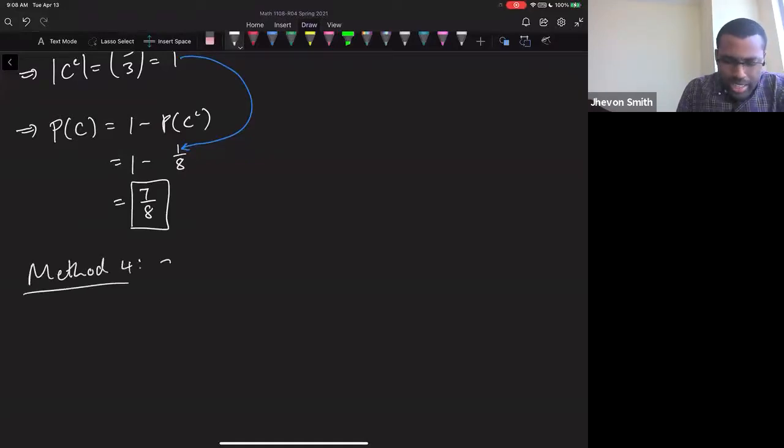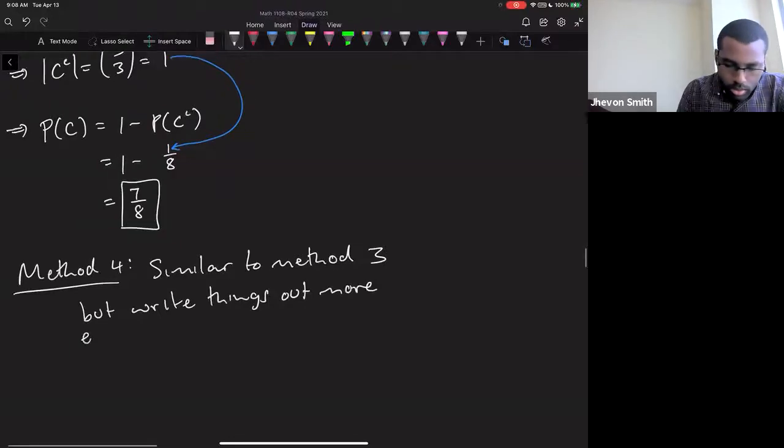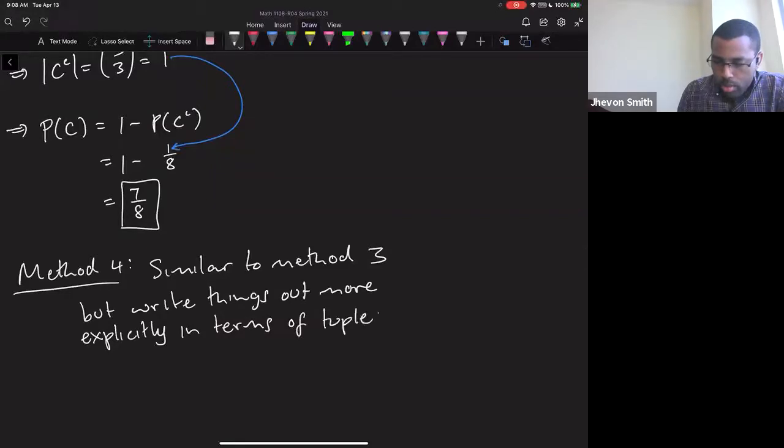Method 4, I would say it's similar to method 3, but write things out more explicitly in terms of tuples.